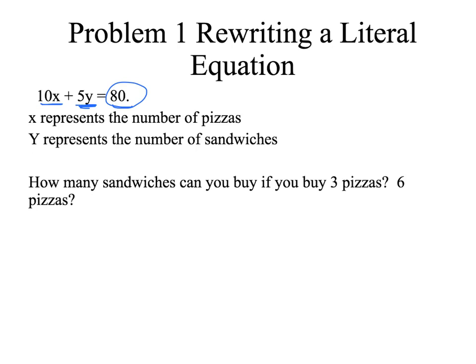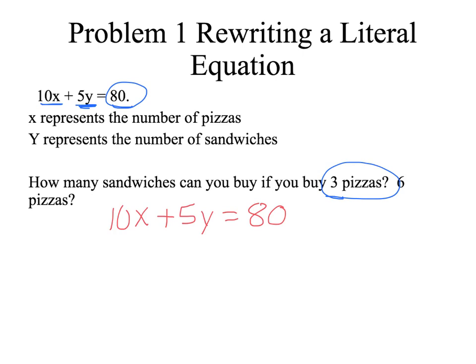Doing the got it problem isn't that big of a deal, but the question part is, how many sandwiches can you buy if you buy 3 pizzas? So if you know that you're getting 3 pizzas, you want to substitute the 3 into the equation. So let me rewrite the equation. 10x plus 5y equals 80.